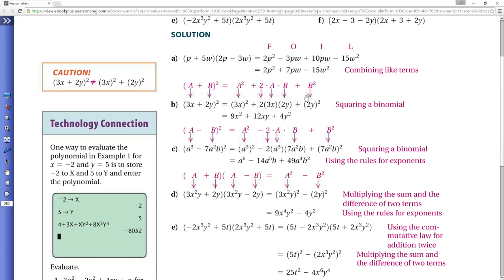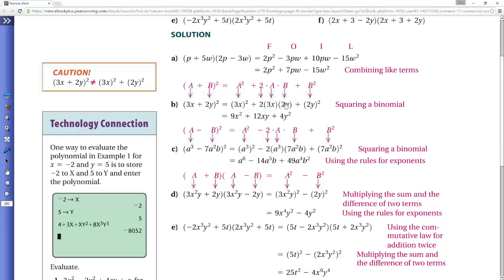Now they're bringing in special products that we covered last section. Very important to get familiar with this. You want to use these shortcuts whenever you can, and I think if you use this every time you see a squared binomial, hopefully you'll remember this pattern that occurs, is that we take the first term squared, we multiply these two terms times each other and double it.